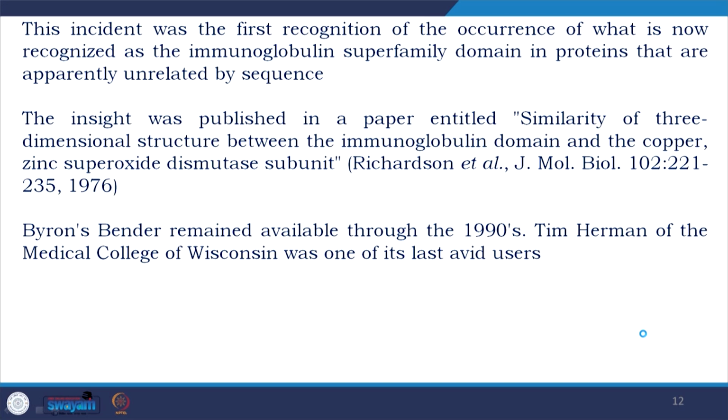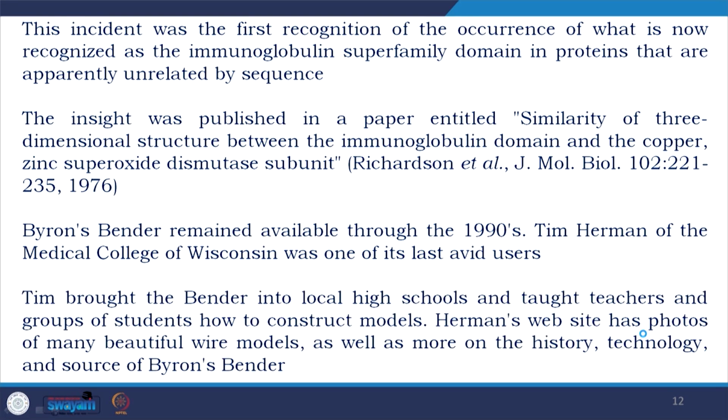Tim Herman of the Medical College of Wisconsin was one of the last avid users of the models. Tim brought the bender into the local high schools and taught teachers and groups of students how to construct models. Herman's website has photos of many beautiful wire models as well as much more on the history, technology and source of Byron's bender. So, if you are interested, go to Herman's website and take a look.